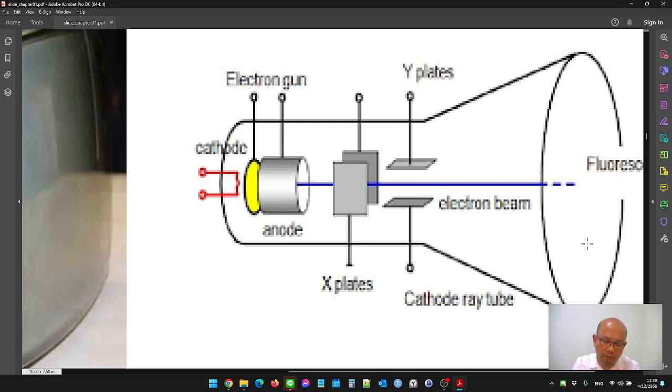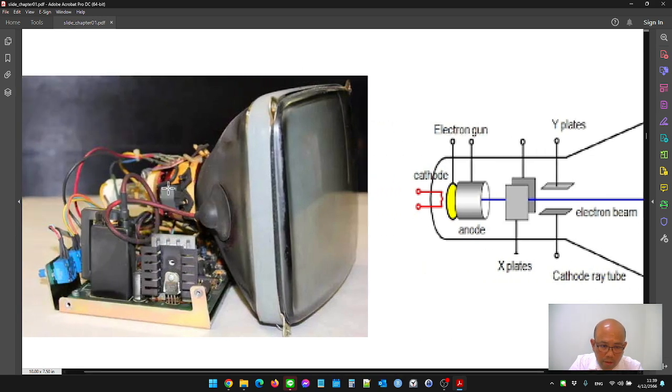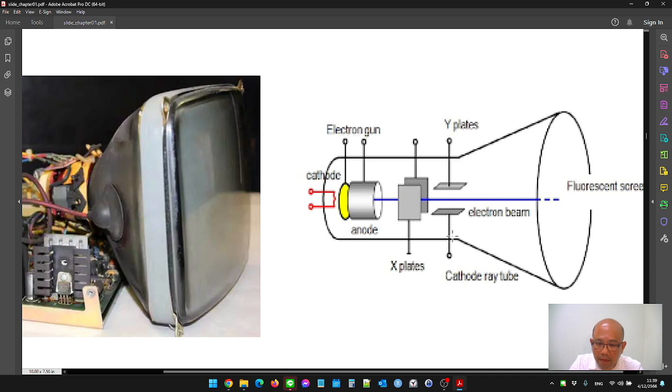The technique for moving the electron to scan across the screen uses coils. There is a copper coil for the x-axis and a y-axis plate, and voltage is supplied to coils x and y.